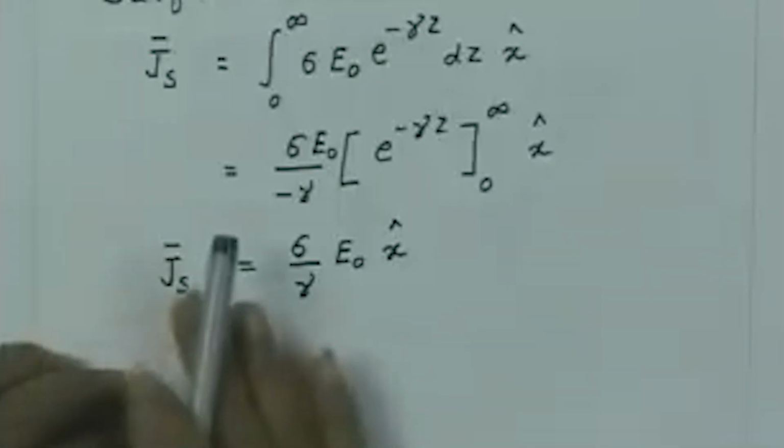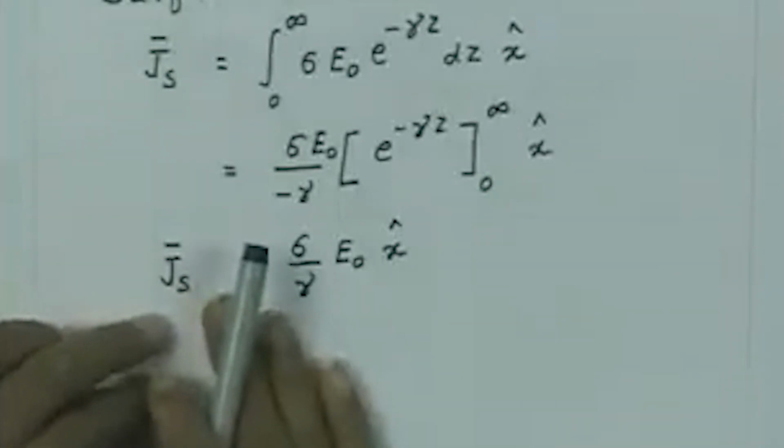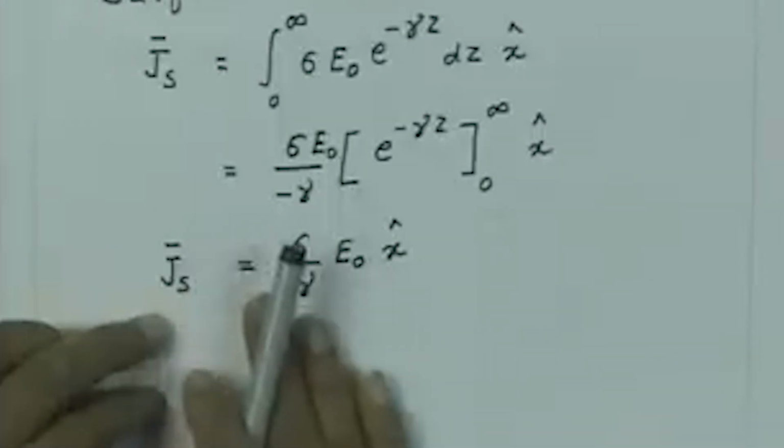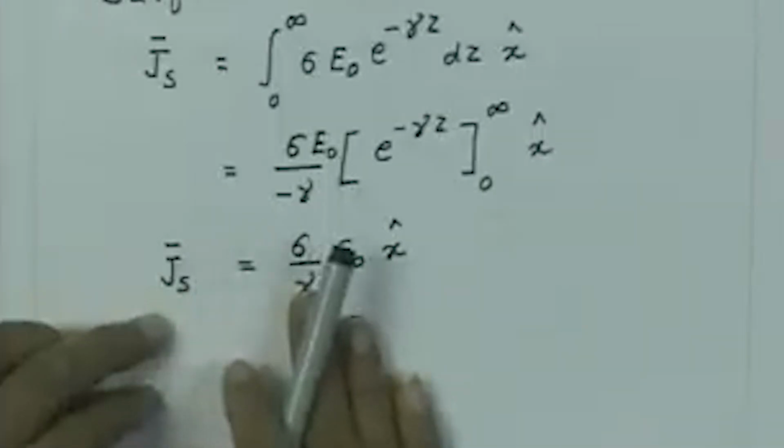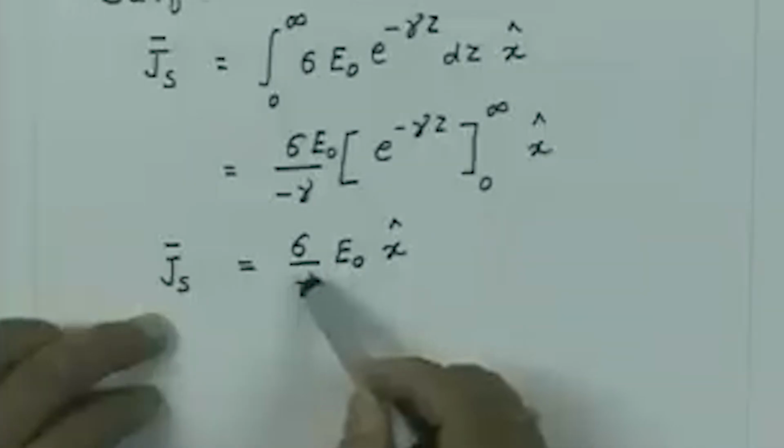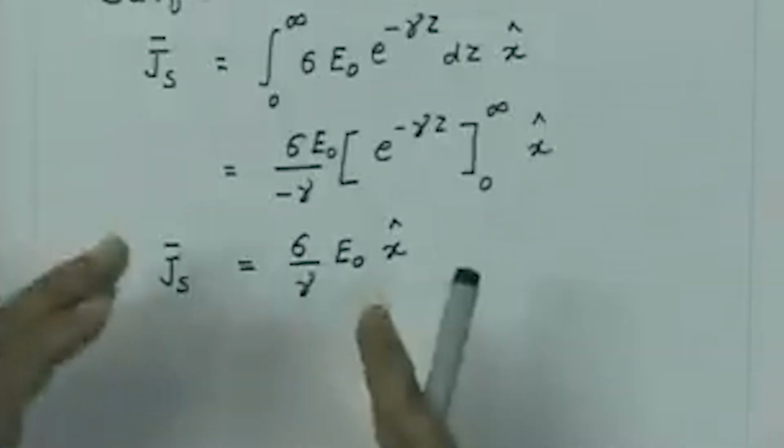That is the reason in practice, though this current is not truly surface current, we use this as the surface current. Also, if the conductivity is very large, this current effectively will be confined to a very thin layer, that is the skin depth. And as we have seen earlier, if you go to the frequencies like few hundred megahertz, the skin depth typically lies in the range of about few tens of microns.